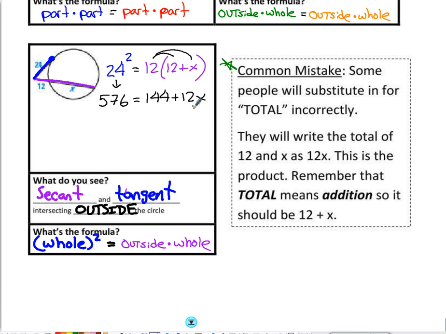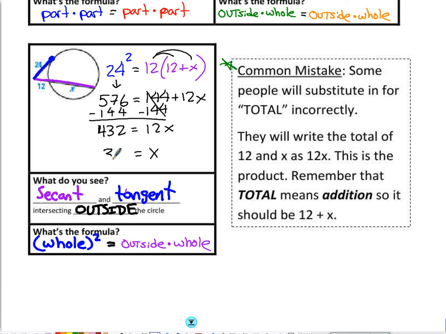And I subtract 144 from 576. 5, 7, and 6 are all greater than 1, 4, and 4, so it's pretty easy subtraction: 432. And I'm now going to divide 432 by 12, and I get what for my x? 36. Box or circle your final answer, and you're good to go.